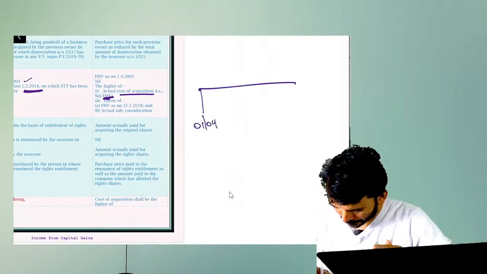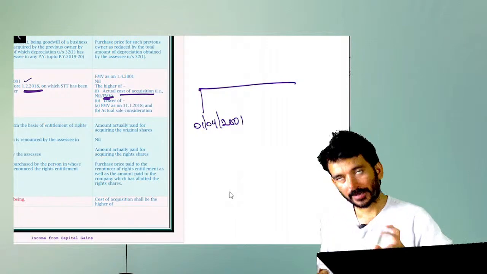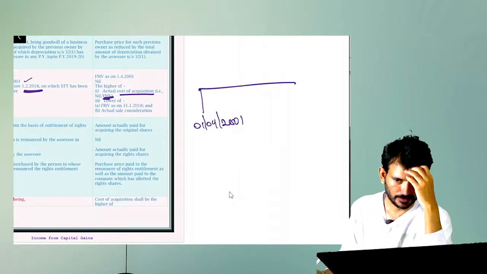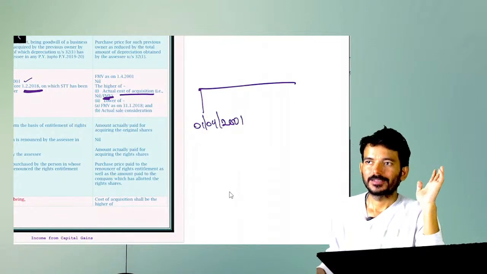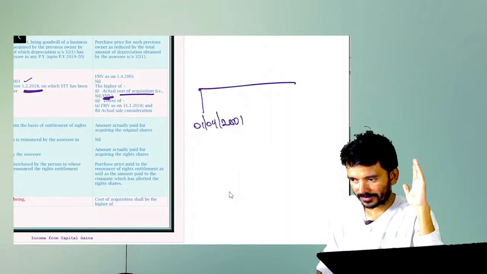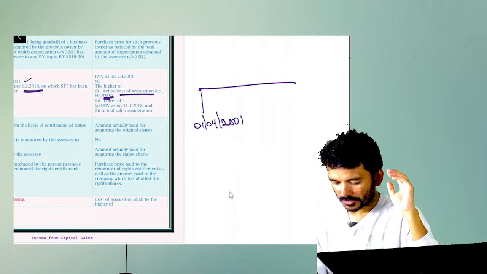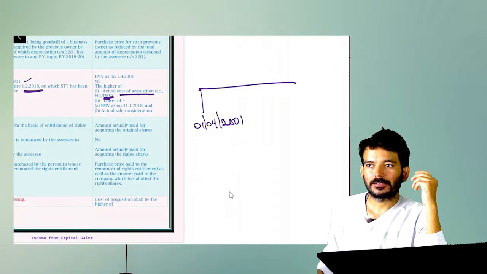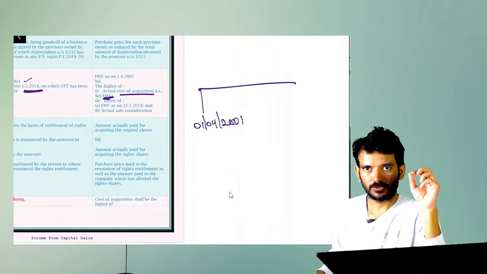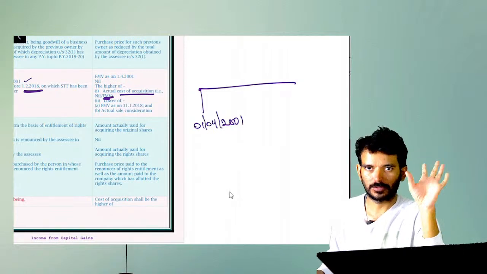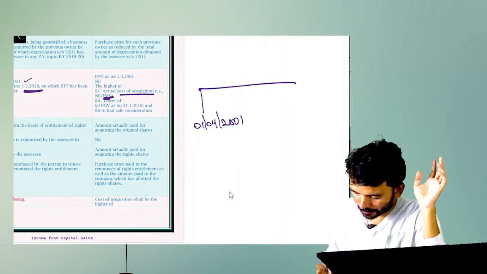1st April 2001. A company, take an example, Tata, that's an old company, right? My age is not that. We'll talk about someone like 60 years, my dad's age. So he had 100 shares in that Tata company. Tata company has given bonus shares to him in year 2000. So he acquired it before this.